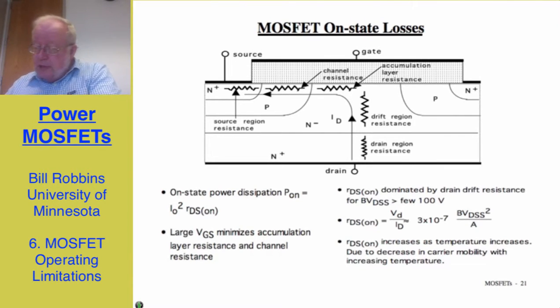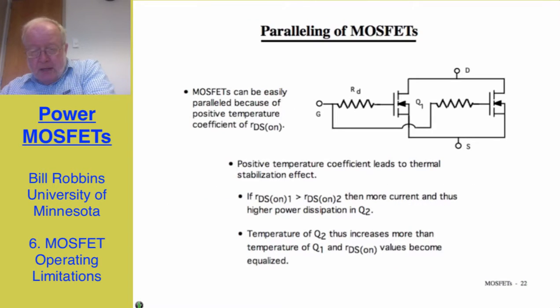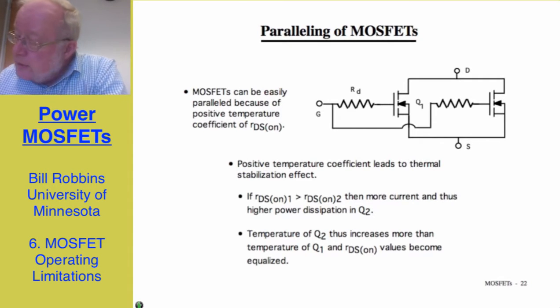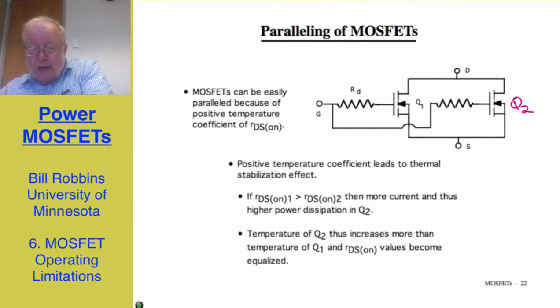It's possible to put high voltage MOSFETs in parallel and thus come up with a composite device or system that can carry significantly more current. And that's shown in the next slide. The reason that we're able to do this is because of the positive temperature coefficient of the on-state resistance. This gives us a thermal stabilization effect. For example, if the on-state resistance of Q1 is larger than the on-state resistance of Q2, which I'm just putting in a symbol for now, then more current, and thus higher power dissipation, will be in Q2.